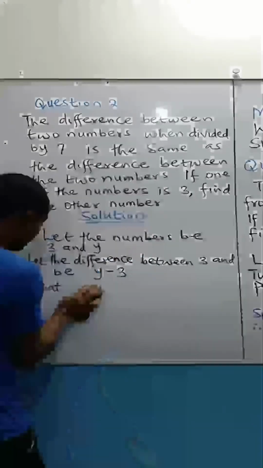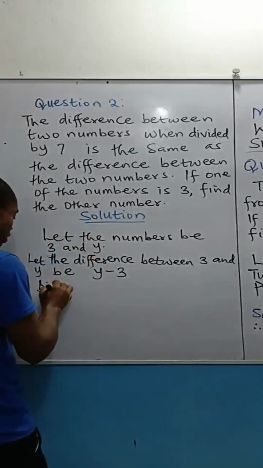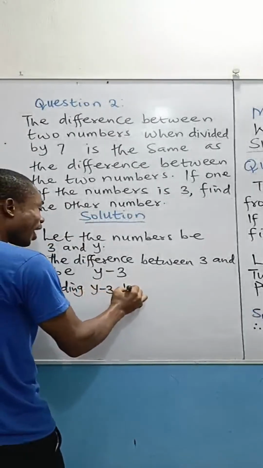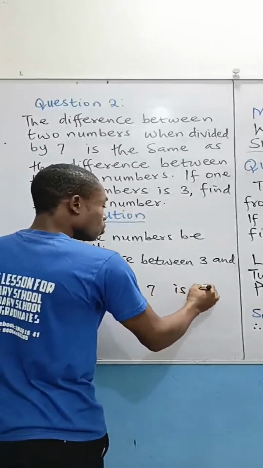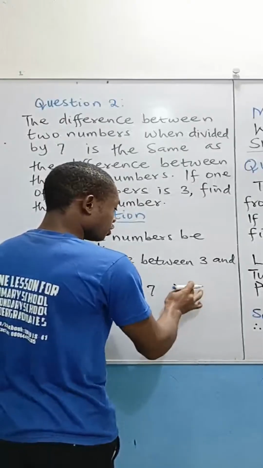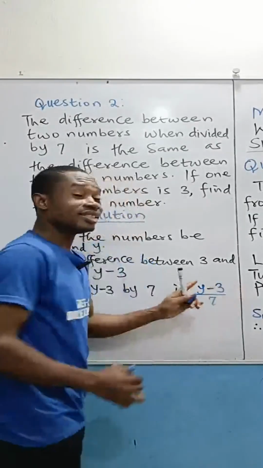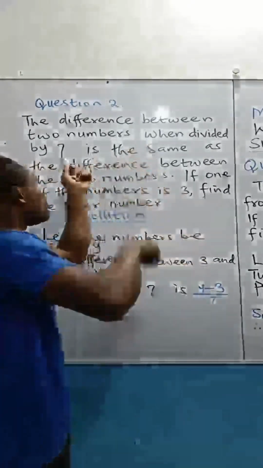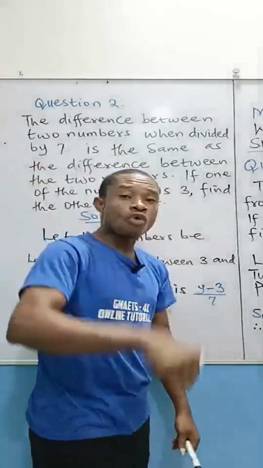Dividing the difference by 7, dividing y minus 3 by 7, this is the interpretation: y minus 3 over 7. So the difference between two numbers when divided by 7, look at it: difference first and then over 7.